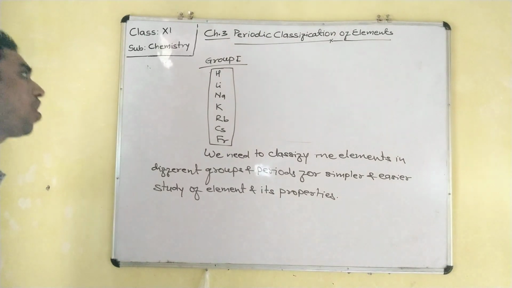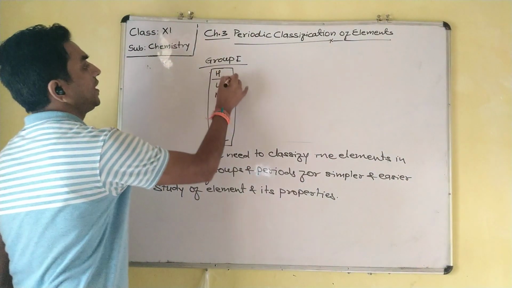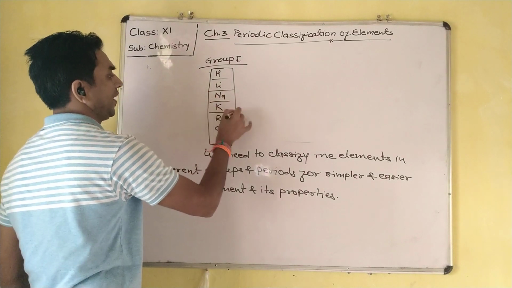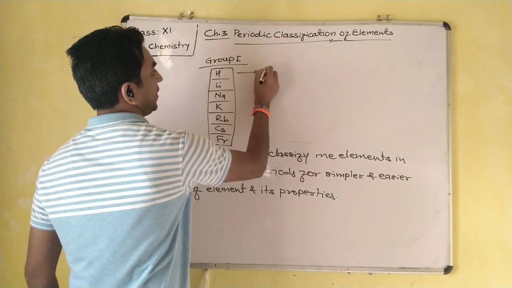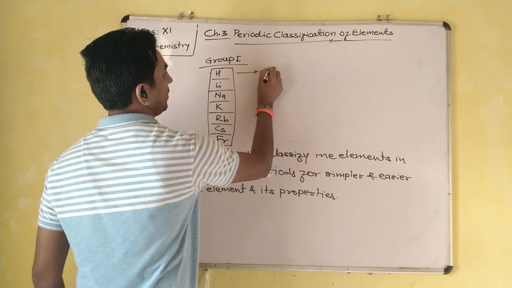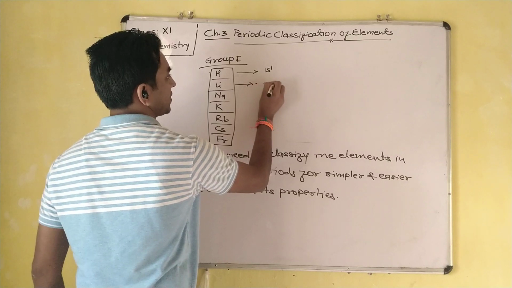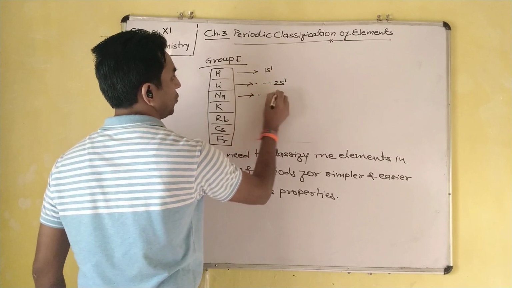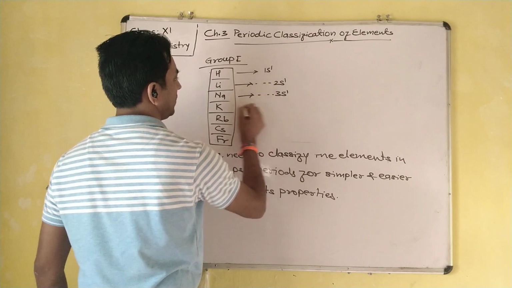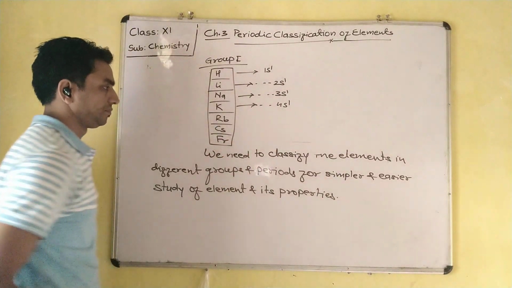In all the elements of group 1, suppose you study the electronic configuration: hydrogen contains 1s1, lithium in its outer shell contains 2s1, in this way sodium contains 3s1, potassium 4s1, and so on.